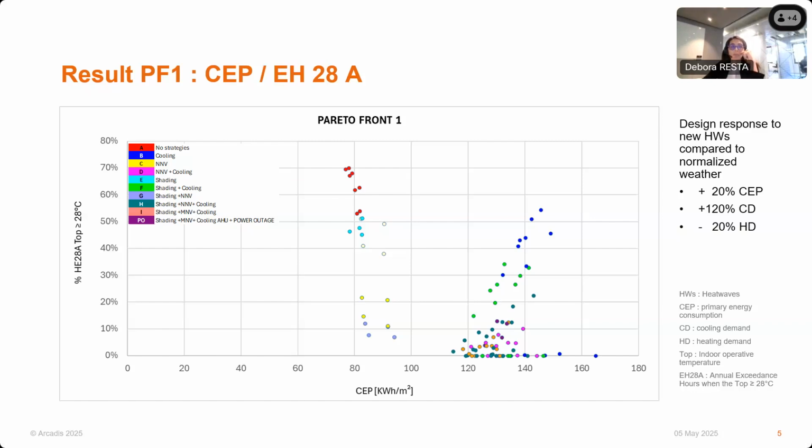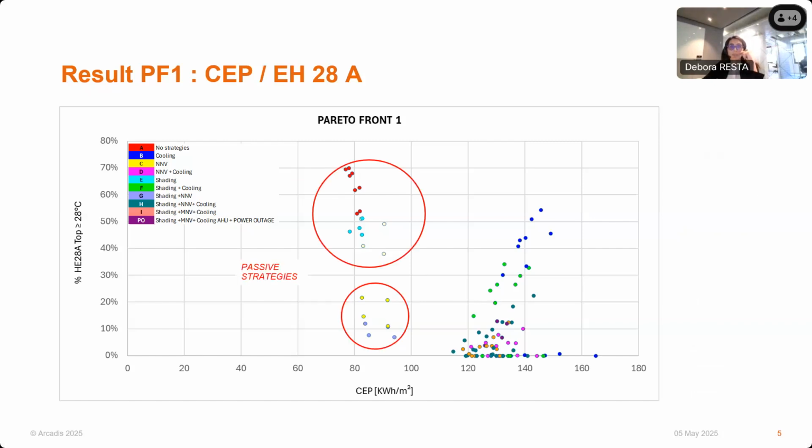Analyzing the graph, we can observe that the passive strategies, so the passive measures alone, highlighted by the red circles, exhibit lower energy consumption, but overheating ranging from 7% to 70%.